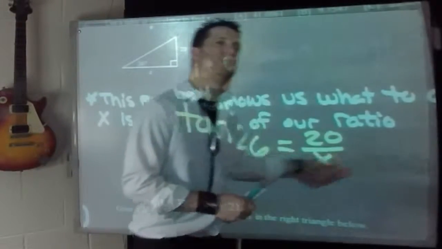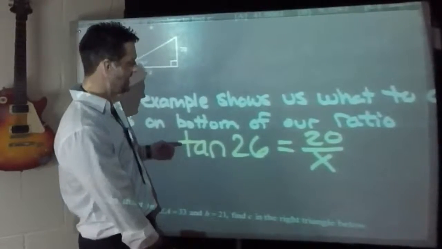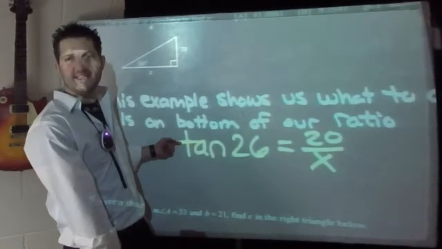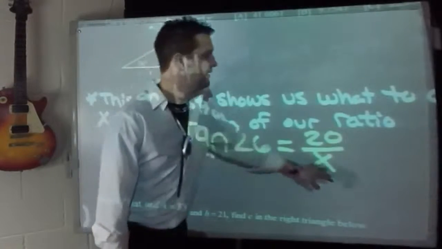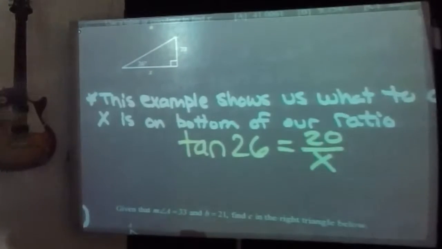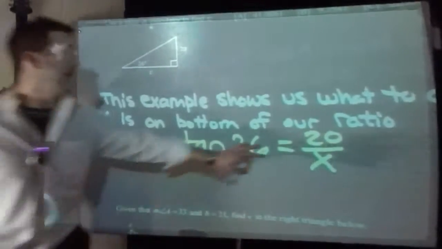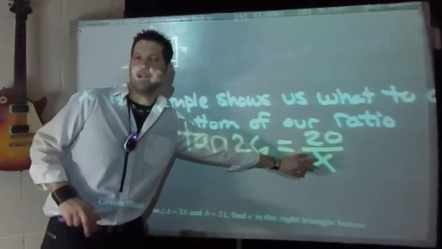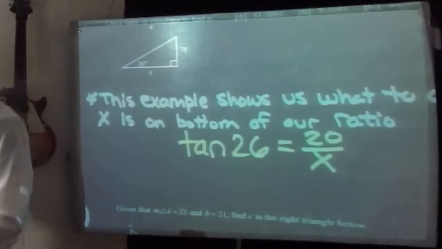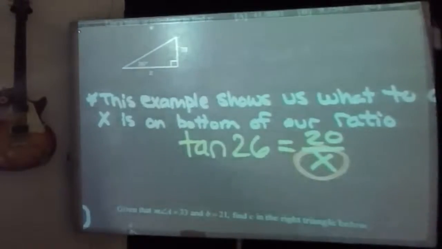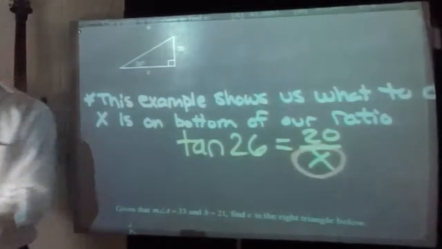Now, it doesn't do us much good to put the X right here, because you can't put an X into your calculator and get the right answer. So here's what I want you to do. When the X is on bottom of your fraction in a trig problem, I want you to circle this X. Circle it. I want you to circle tangent 26, the whole thing.